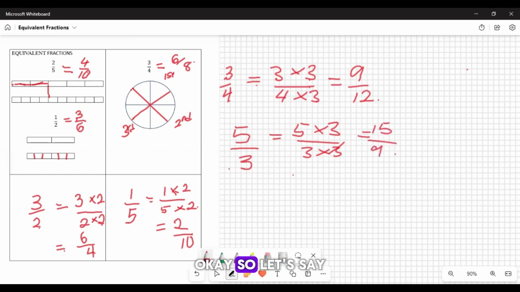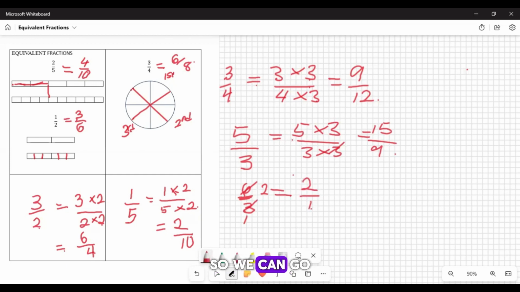Okay, so let's say that we have 6 over 3, and we want the equivalent of this. We can go for the reverse view. So 3 goes into 3 once, and 3 goes into 6 twice. So we can say we have 2/1.